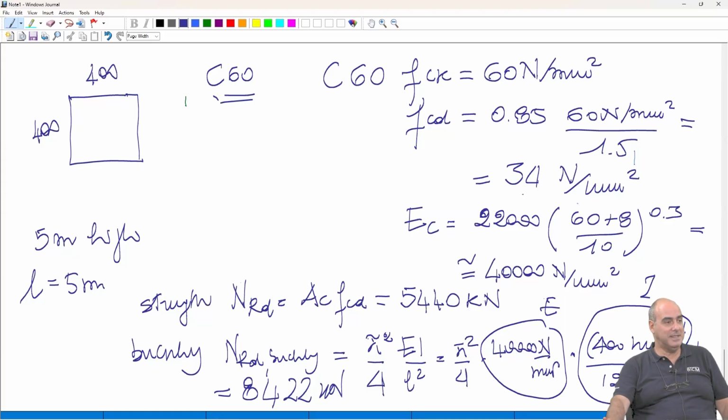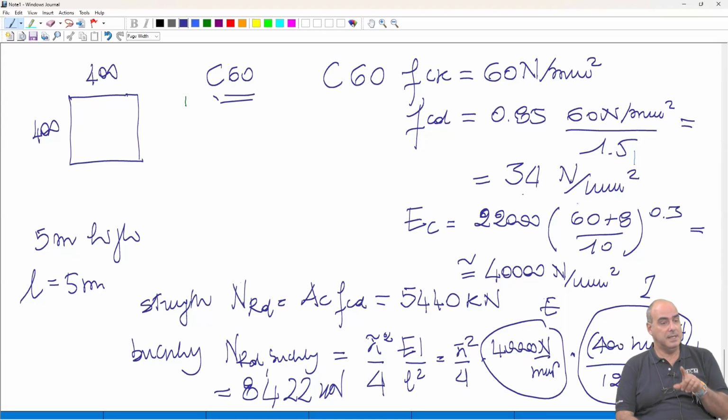Well, you will have a 36 on the bottom instead of a 25. So your ratio will be 25 over 36, which is close to 3 over 4, more or less. So your buckling load will decrease, whereas the gravity load will not change at all.